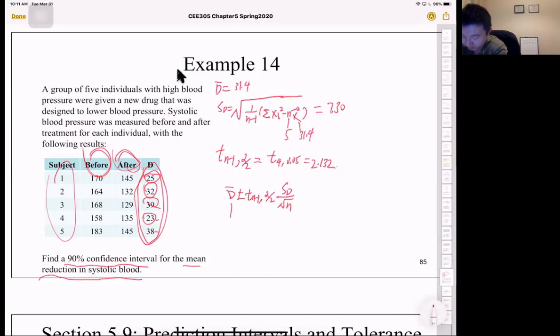The mean value of d is 31.4, the t value is 2.132, SD is 7.3, and the sample size is 5. From there we can calculate the confidence interval.